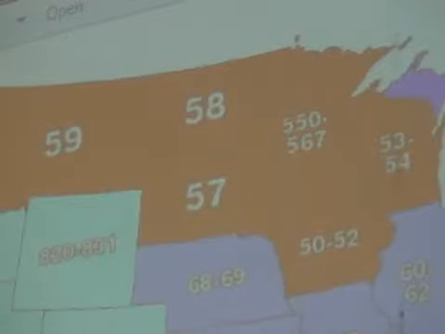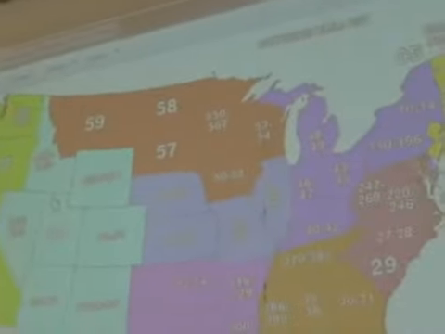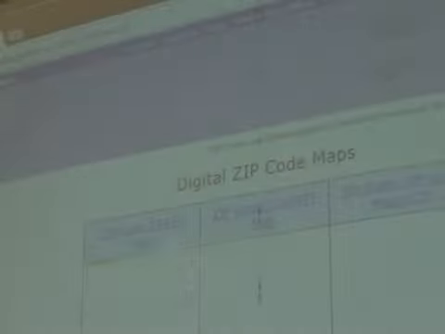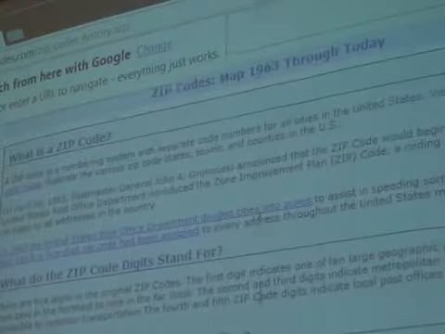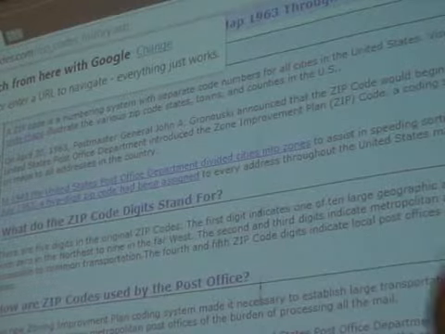We know that for 2 reasons. Number one, we just looked at a map and deduced it, but here is a website from the post office. What does it say right there?